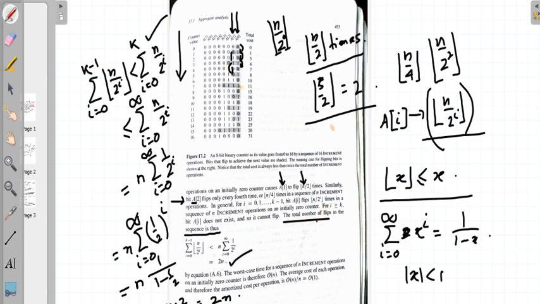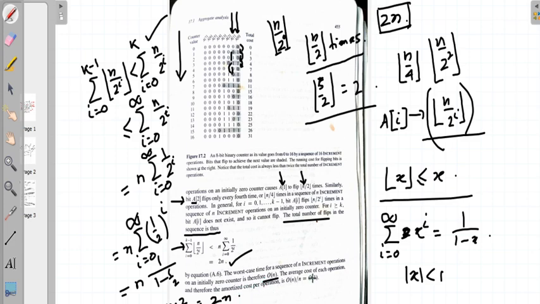So the total cost, if we analyze it in a detailed way, is upper bounded by 2n. So the total cost we have got starting from the zero counter is order of n.